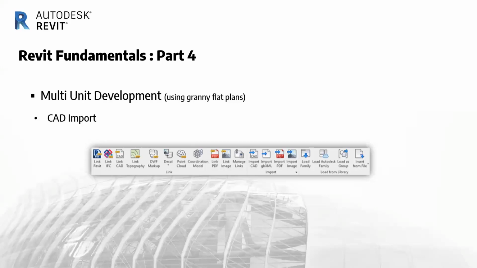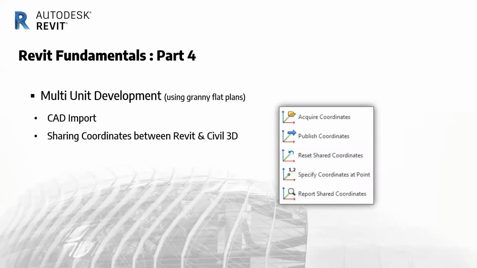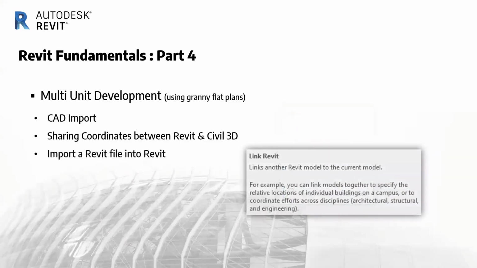From there, we'll create a new topo surface in Revit using that imported Civil 3D file. Next, we'll import the 3 Revit models into our new project and position them onto the site, and also share coordinates to the project using the Publish Coordinates tool. We'll finish off by exporting the 3D model into our Civil 3D drawing by using Xref.